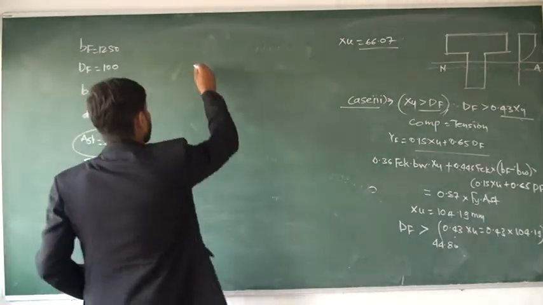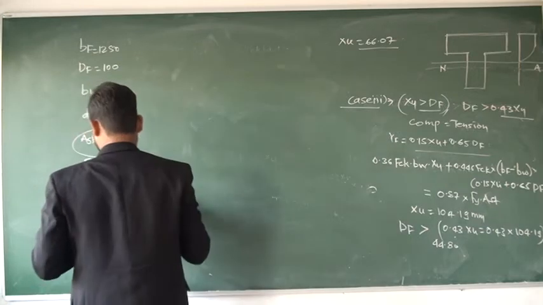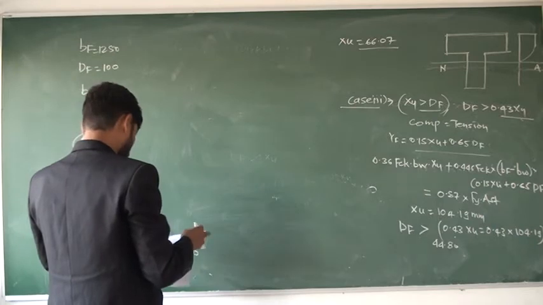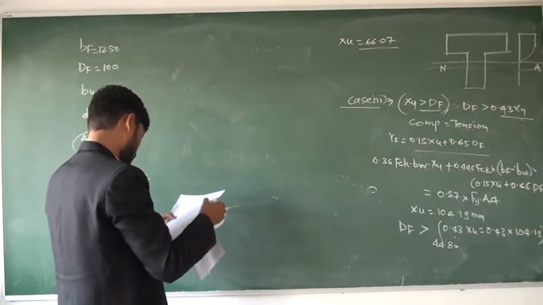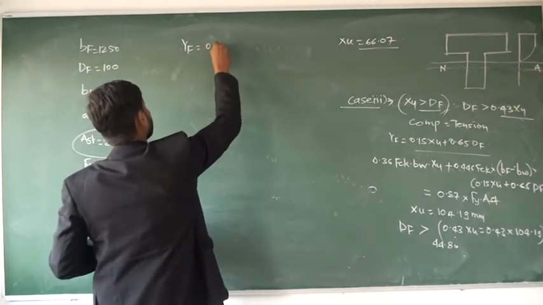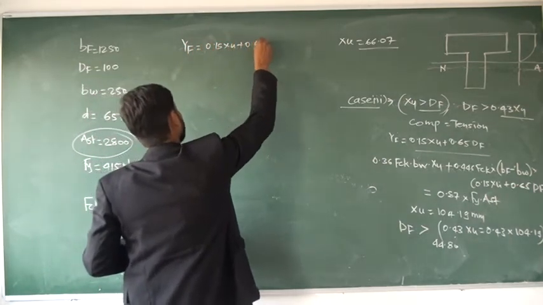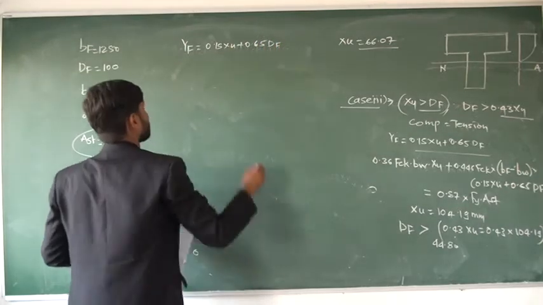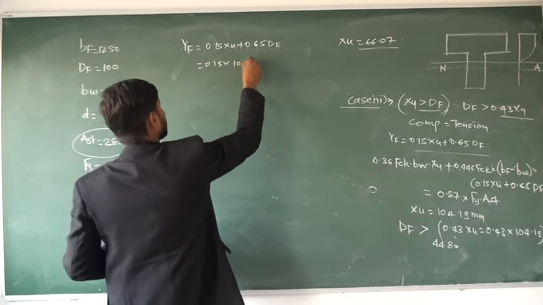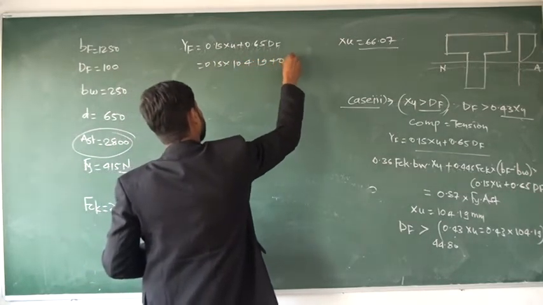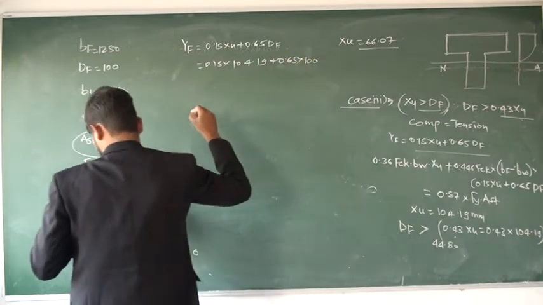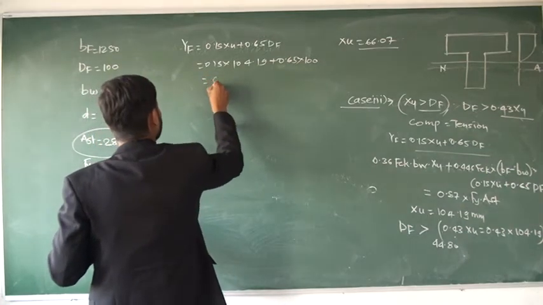So before that, first we have to find out the yf value. yf is 0.15 xu plus 0.65 Df. So 0.15 times 104.19 plus 0.65 times 100. If we calculate this, it is 80.63.